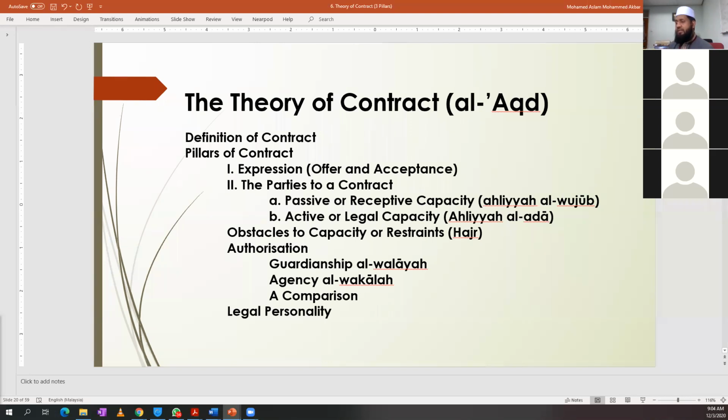When you do transaction, there are some transactions you have to initiate. Hmm? There are some transactions that will come to you, you don't have to initiate. For example, if someone gives you a gift, also a kind of transaction.